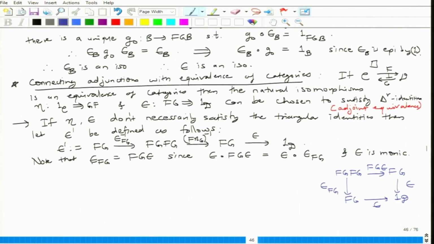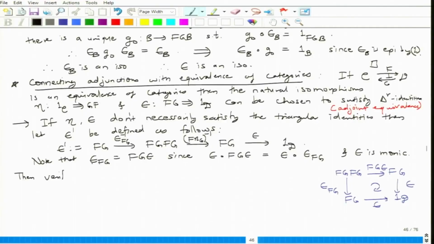This diagram commutes because epsilon is a natural transformation. Okay, so therefore, we get that epsilon FG is equal to FG epsilon. Too much notation, but it's not hard. And epsilon is monic, so you can cancel it from both sides and get that these two are equal.